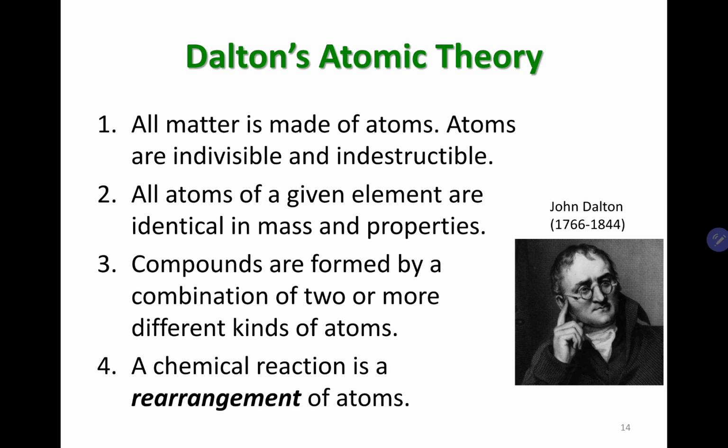So once again, guys, even though modern atomic theory is a little more involved than Dalton's atomic theory, which is more than 200 years old, the essence of Dalton's atomic theory remains valid. These four bullet points summarize Dalton's atomic theory nicely, and we can understand what an atom is by going through them.